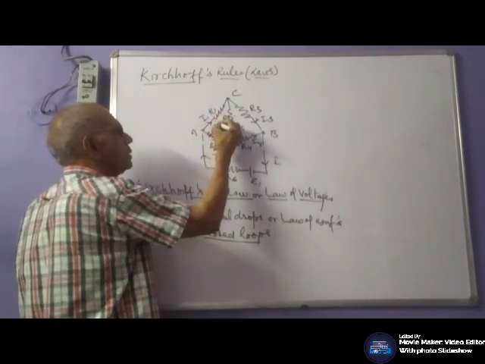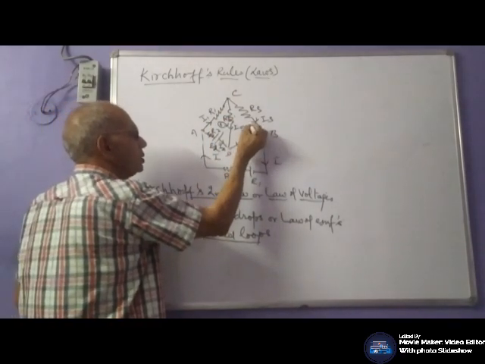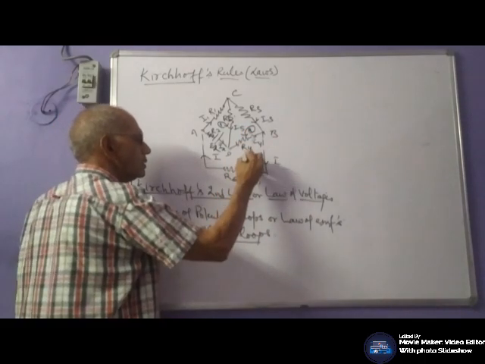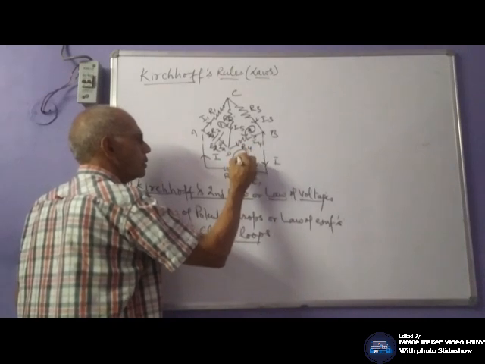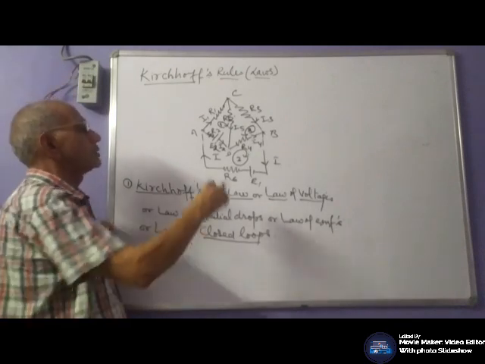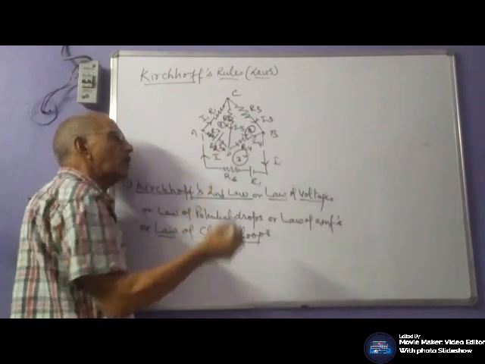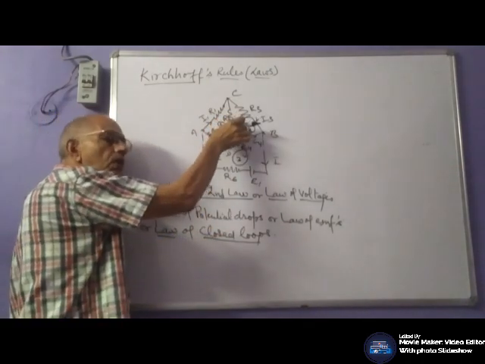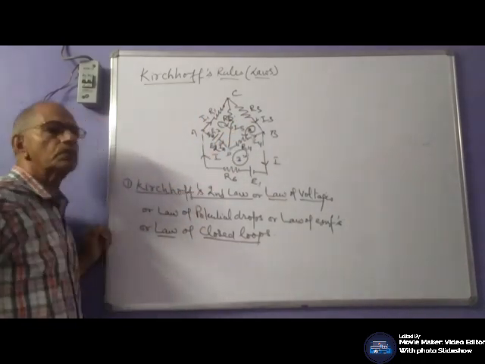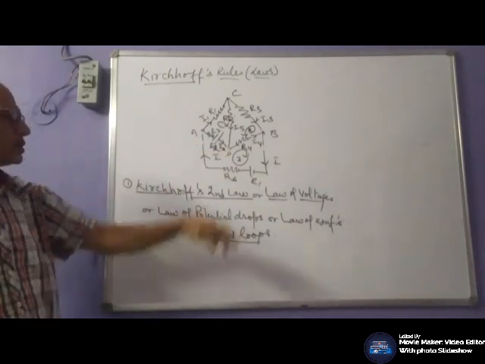AC first, this is a closed loop. Second, this is a closed loop. Third. It is your own choice. Clockwise, here anti-clockwise. Both can be clockwise, both can be anti-clockwise. It is your own choice. Make closed loops, closed paths.